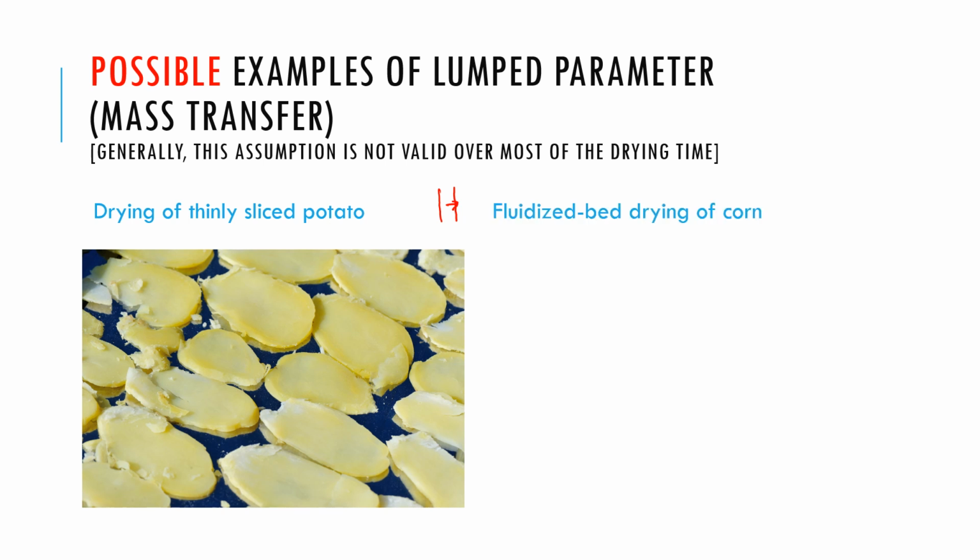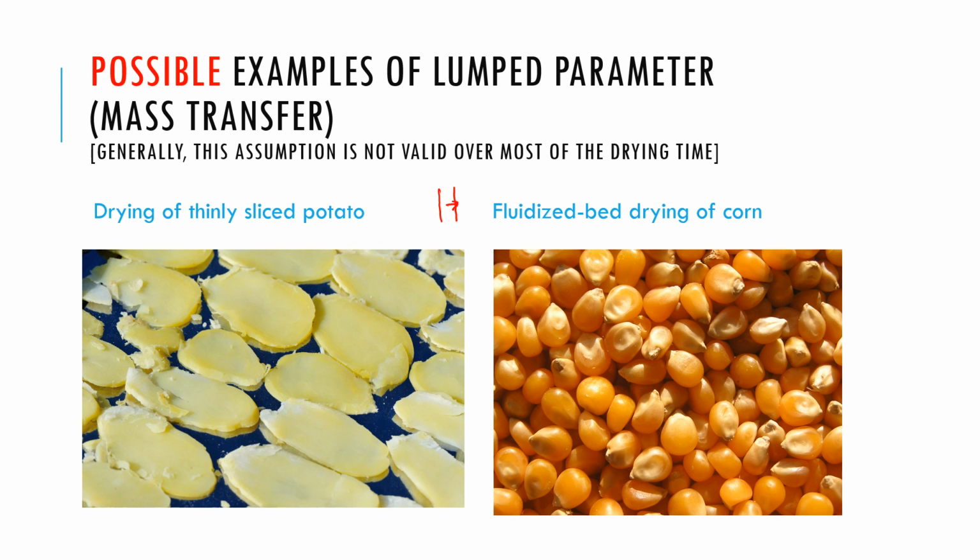Another one would be fluidized bed drying, meaning the corn is not drying all in one big amount, but as individual kernels. So the moisture only has to move a small distance, compared to if many of these grains were together.